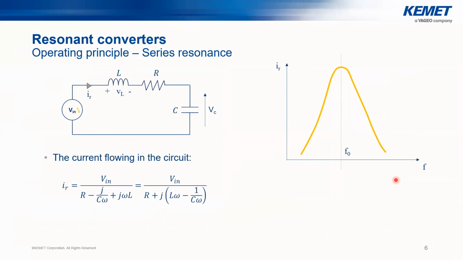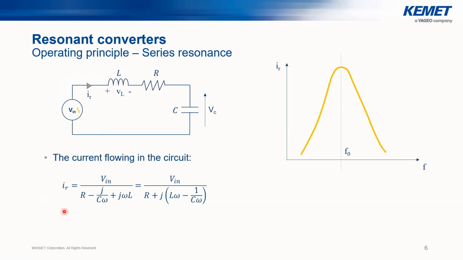In this slide, we are showing a simple schematic of an RLC circuit, which is a series resonant circuit, where we have an AC input, an inductance in series with a resistance, and a capacitor. Once subjecting this circuit to an AC voltage, there's a ripple current or AC current that will flow into the circuit.